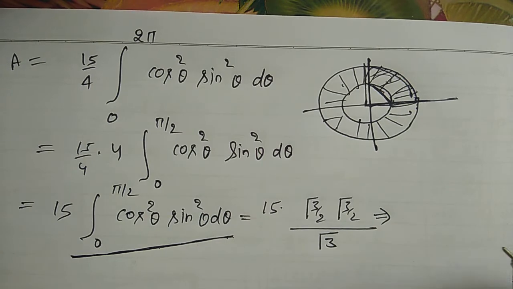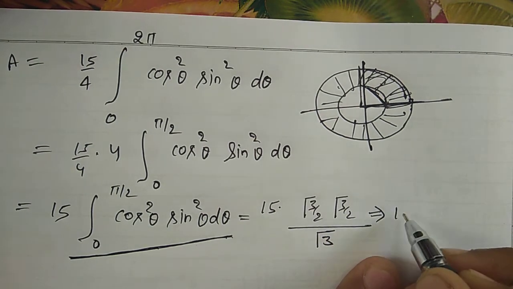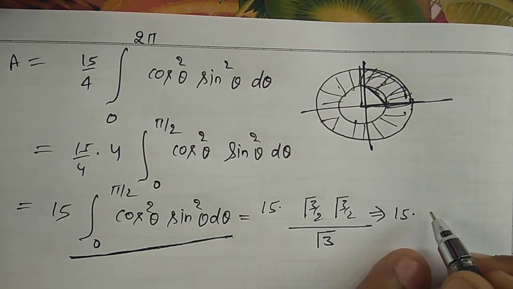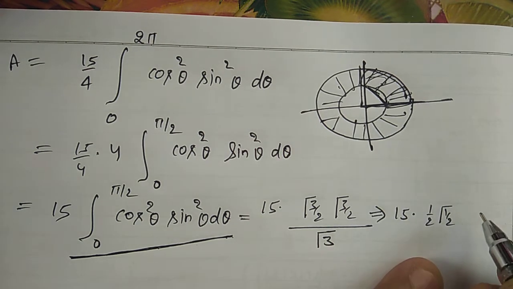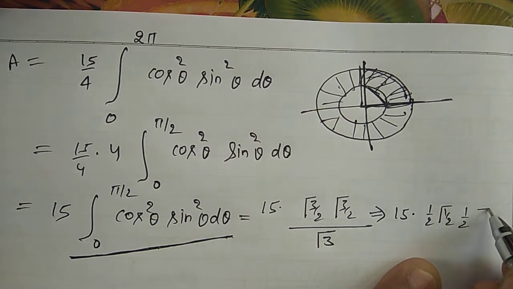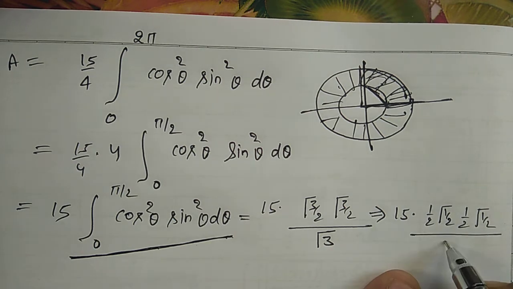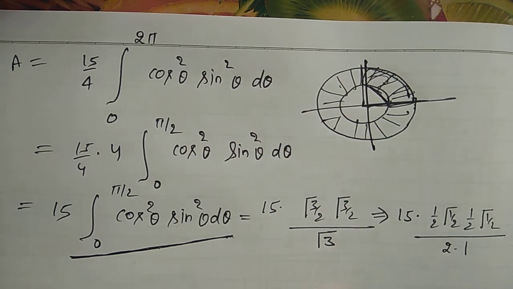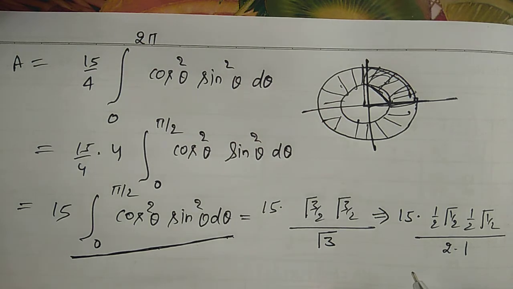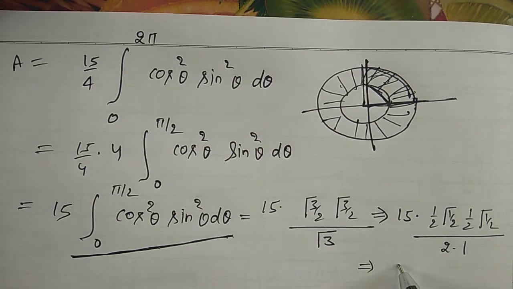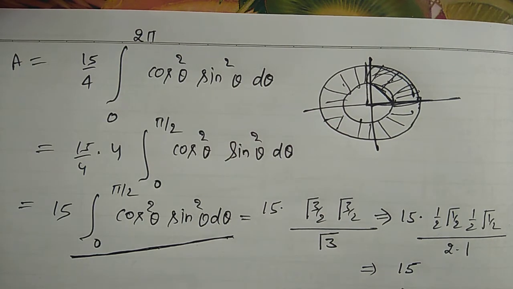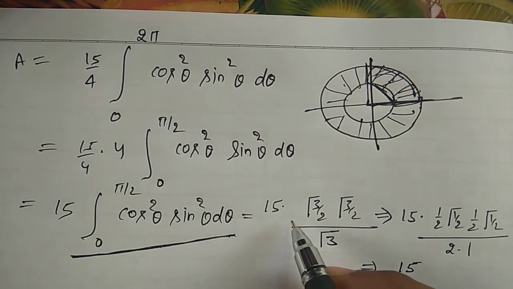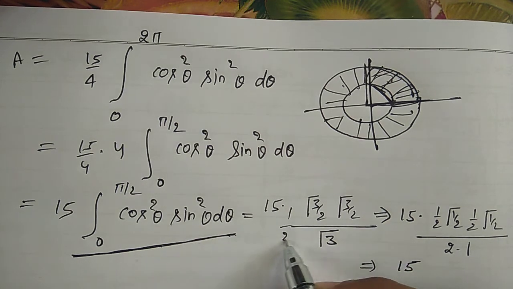So 15, and gamma 3 by 2 means 1 by 2 gamma 1 by 2, and again gamma 3 by 2 means 1 by 2 gamma 1 by 2, and this is 2 into 1. So we get 15 by 8. So we have here 1 by 2, 1 by 2.